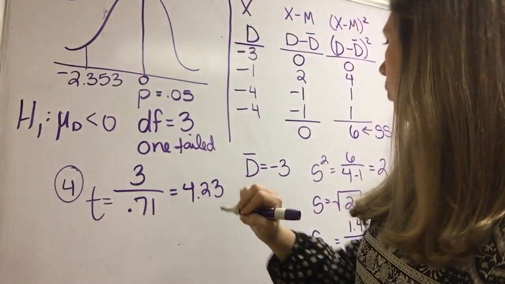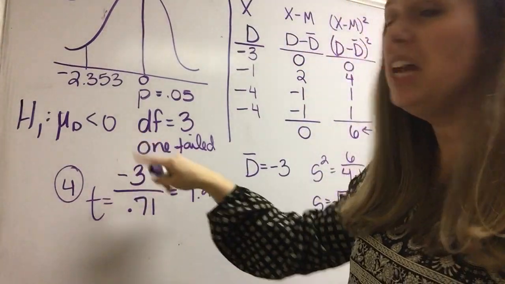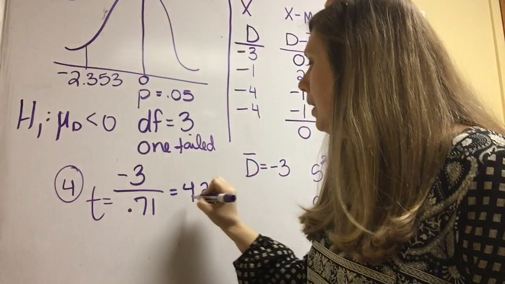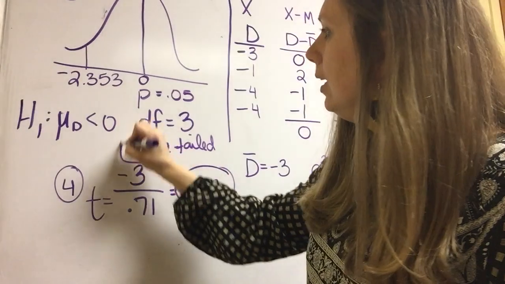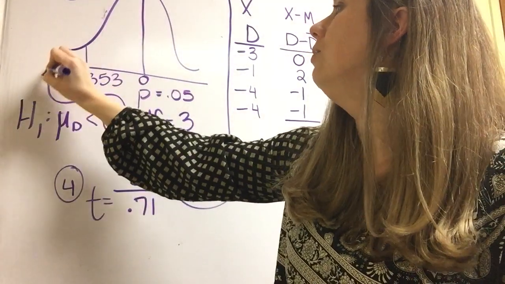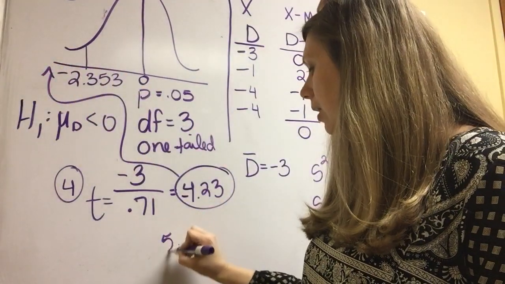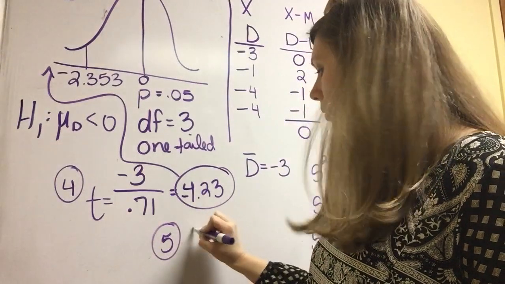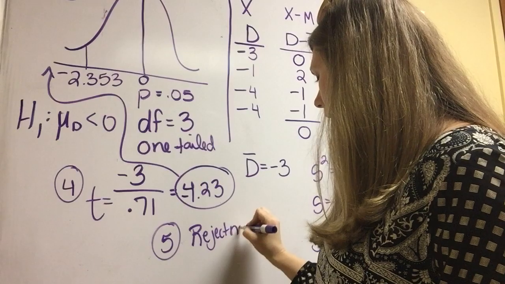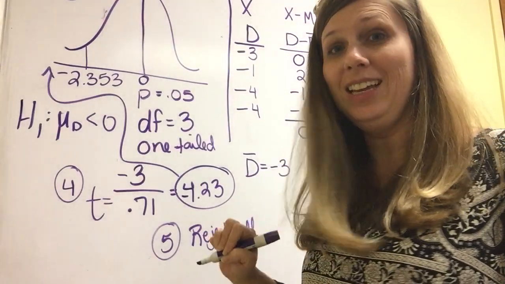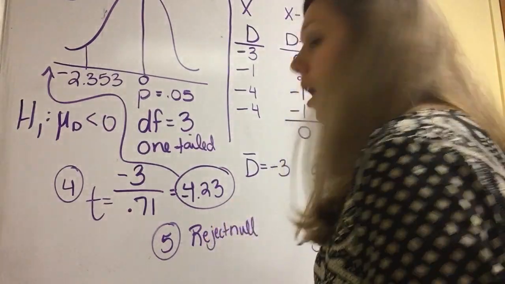Okay, so, oh, negative 3, sorry. It was a negative 3 was our mean. So that'll be a negative 4.23, which will pass our cutoff. And then step 5 will just be that we reject the null. And we say that coming to see me will make you less anxious, which is good.